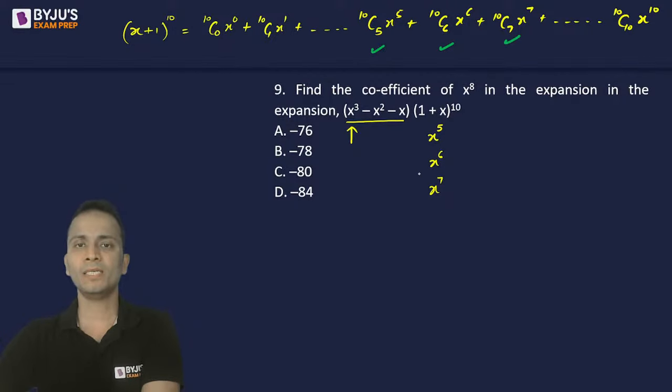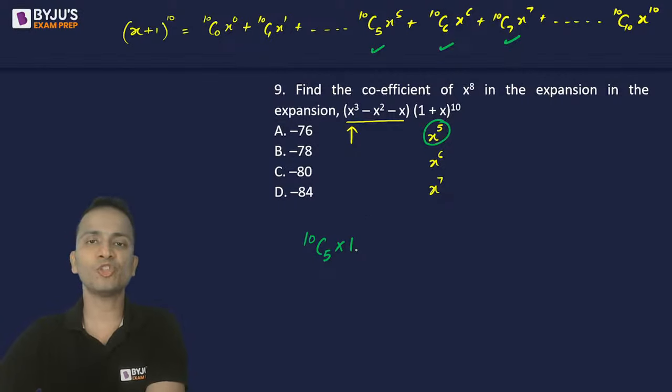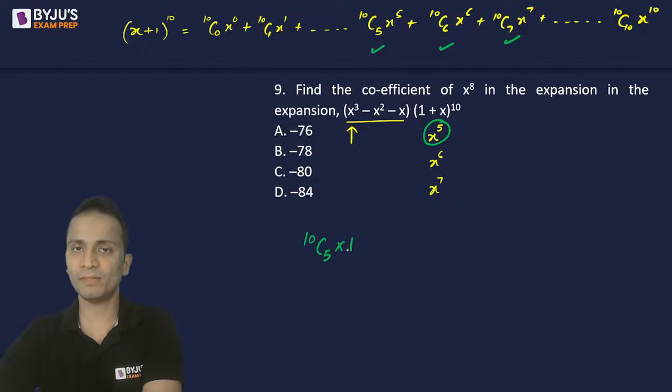Now, when x raised to the power 5's coefficient will be multiplied by x cube, I will get x raised to the power 8. So the coefficient of x raised to the power 5 is 10c5 and here the coefficient of x cube is 1. So the net coefficient of x raised to the power 8 that will be generated will be 10c5 multiplied by 1.